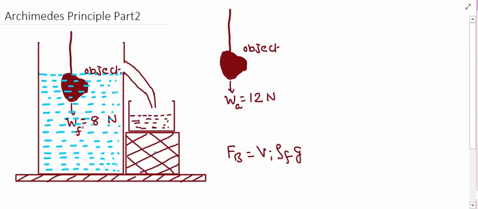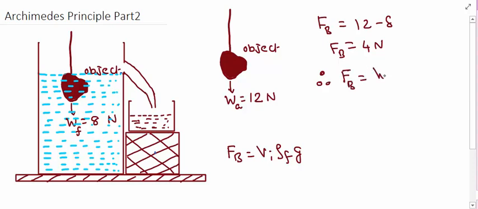Why does it decrease? Because, as you already know, upthrust acts on it in the upward direction. If now it is weighing 8 newtons inside water and its original weight is 12 Newton, what is the magnitude of upthrust? Obviously, it will be equal to 12 minus 8, which is 4 Newton. From this we get an equation that upthrust is equal to weight of the object in air minus weight of the object in fluid.